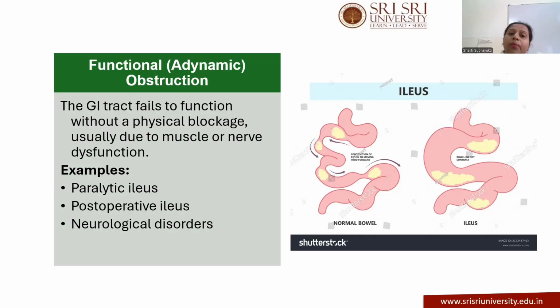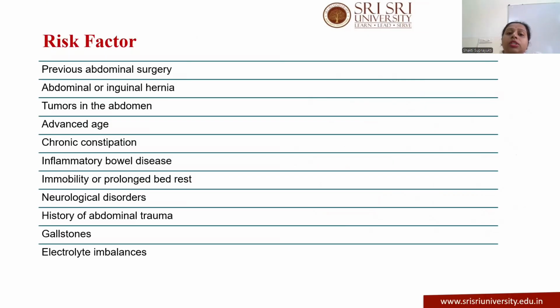Then the risk factors. What are the risk factors that cause GI obstruction? Number one is any previous abdominal surgery or any abdominal or inguinal hernias. Then tumors in the abdomen, advanced age, chronic constipation, inflammatory bowel disease, then immobility or prolonged bed rest, continuous rest in the bed.